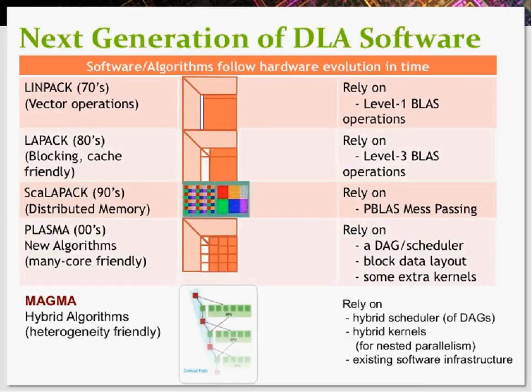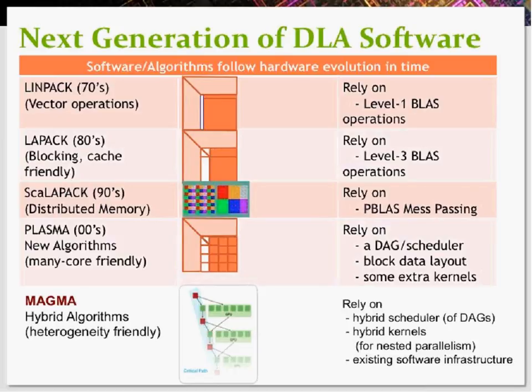Just briefly, to give you historically how this trend has forced changes in software. For example, in the 70s, the linear algebra library was LINPACK, and this was very efficient for machines at that time. It was designed for vector machines to do vector operations. Then some machines appeared with a hierarchy of caches, and algorithms had to be redesigned.